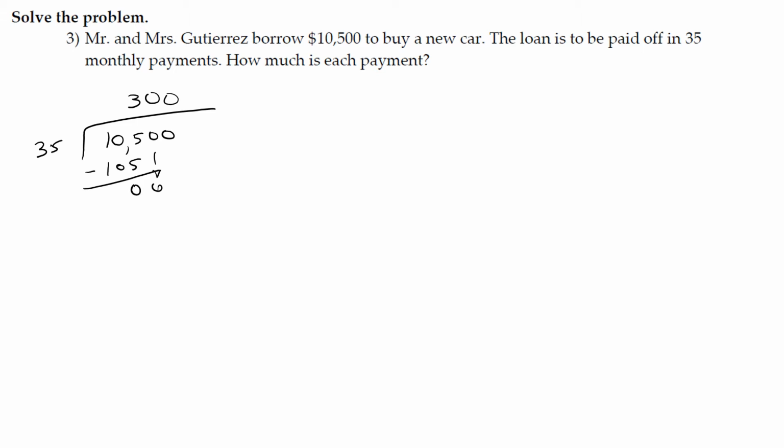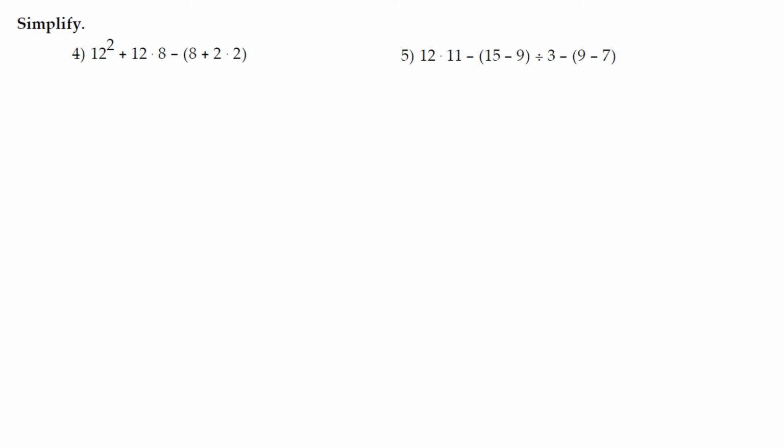And so each payment is going to be $300. So here, since it was being paid off in 35 months, we needed to take 10,500 and divide by 35.